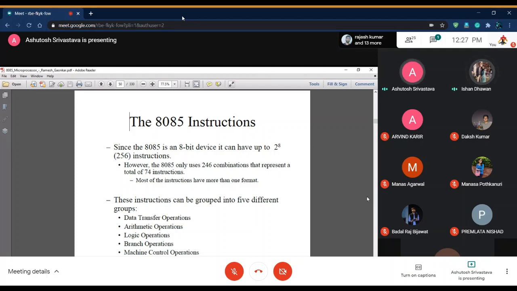Second one is the arithmetic operations. The third one being the logical operations.